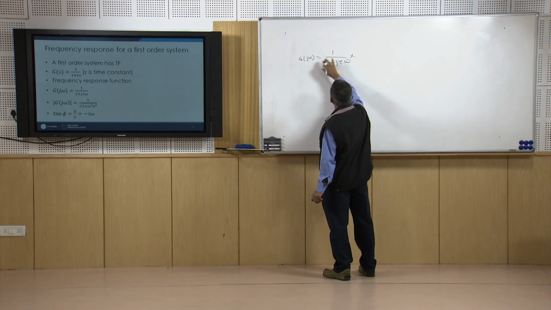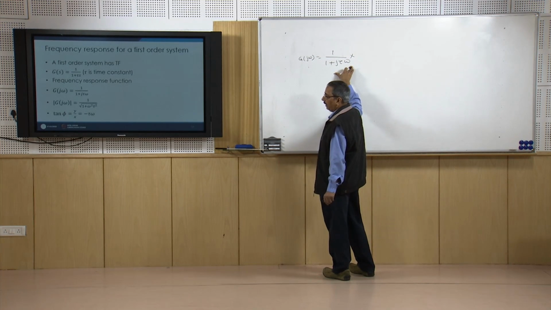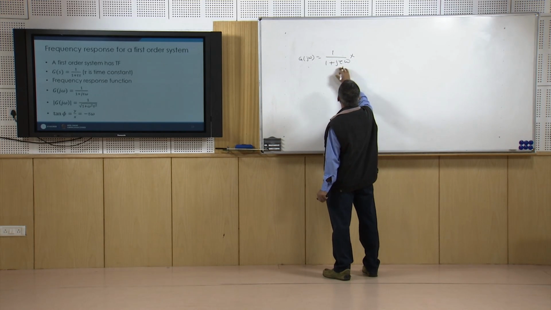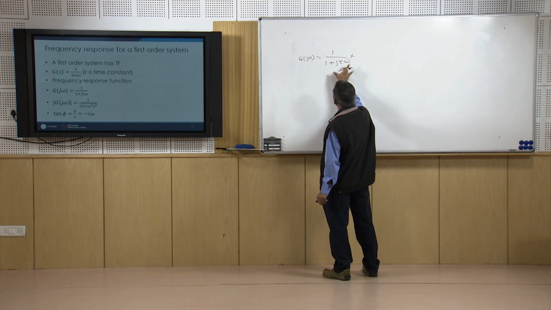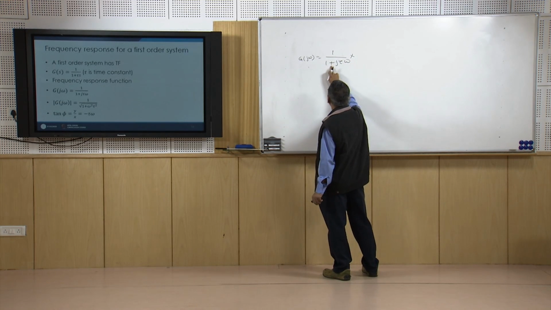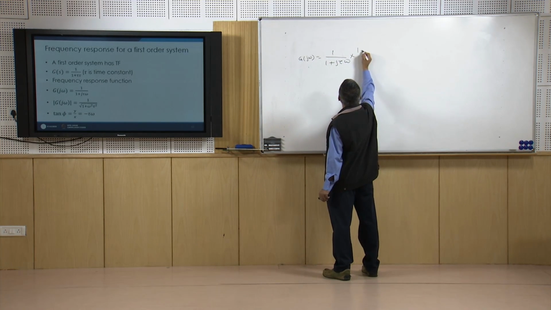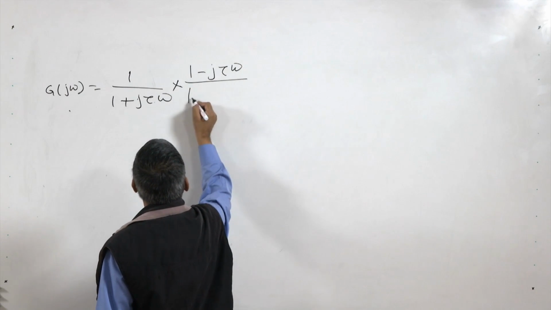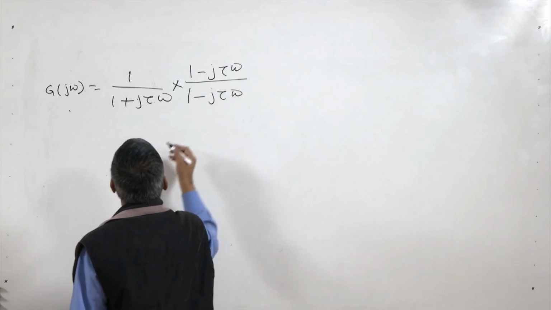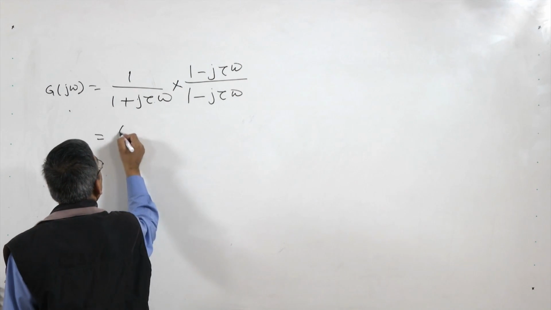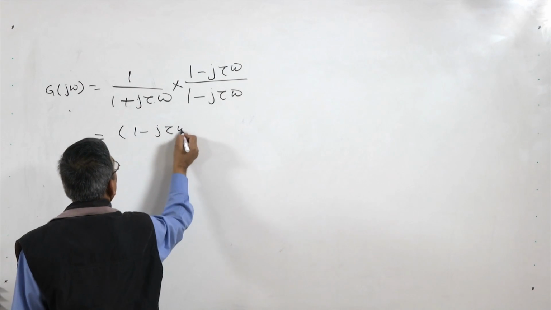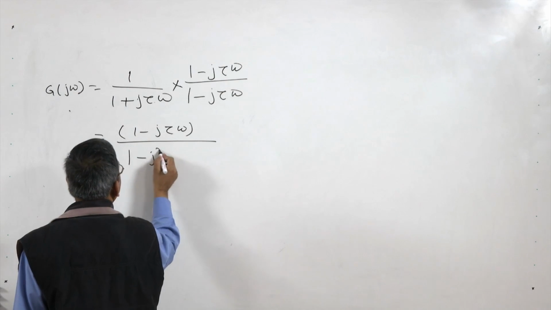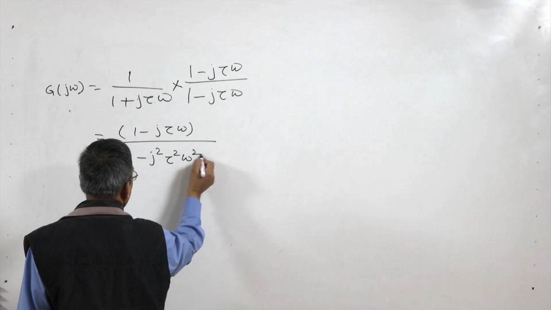So to convert this into the form of separate x and y components of the complex number, the numerator and denominator are multiplied by this number with the opposite sign. So I multiply by 1 minus j tau omega divided by 1 minus j tau omega, and this gives 1 minus j tau omega divided by 1 minus j square tau square omega square.